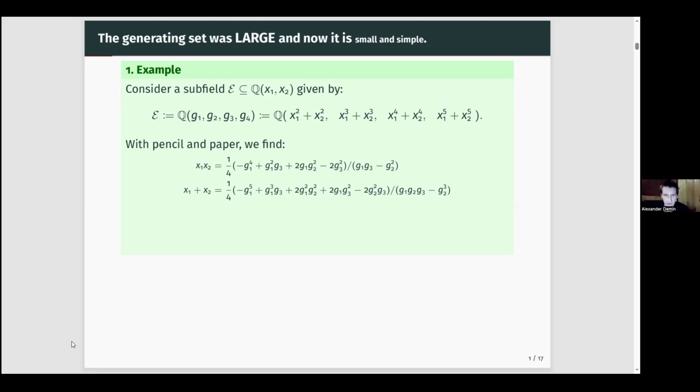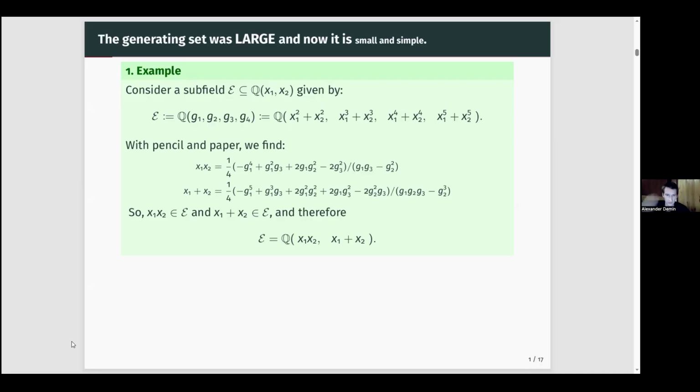So okay, this is nice. Now, since both of them belong to the field and the original generators are symmetric, we conclude that the whole field is actually just the field of symmetric functions in two variables, x1 and x2. And this generating set is quite a bit nicer than the original one.